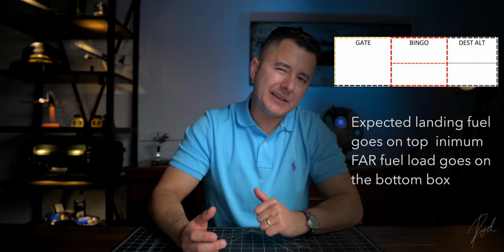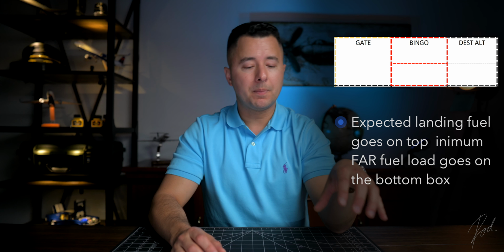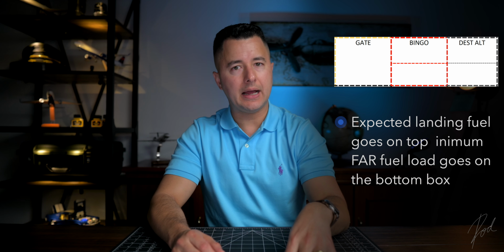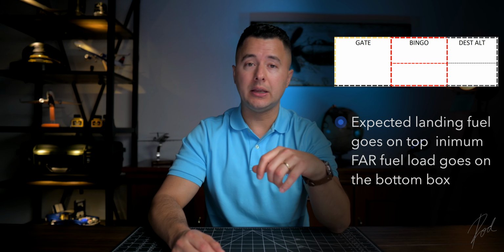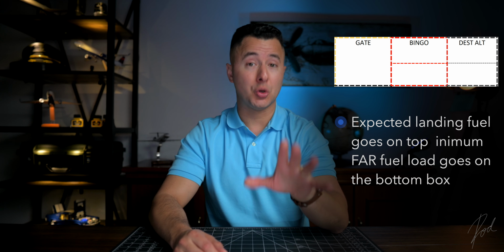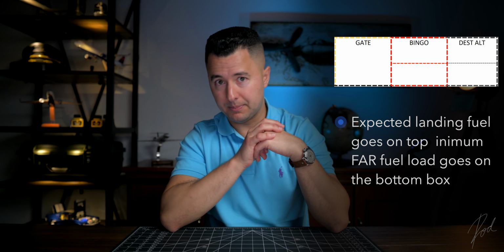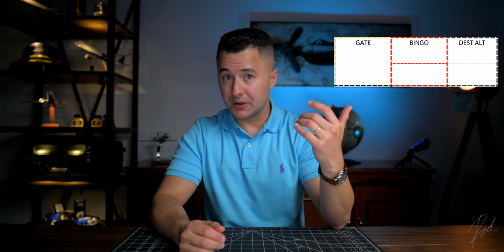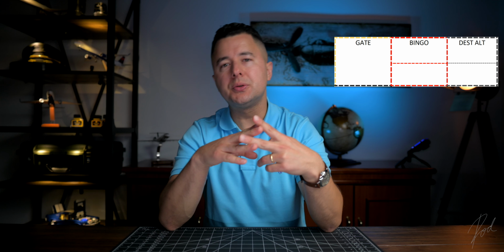And then at the bottom, I typically put the no joke FAR minimum required gas for landing. And again, that does change drastically depending on your operation and the weather and whatever may be happening. Destination alternate, pretty self-explanatory. Just, again, two boxes there because it'll be one of two situations.